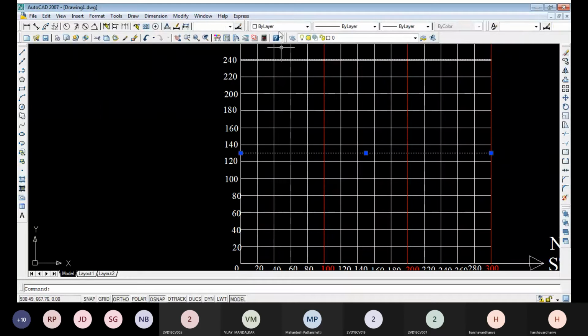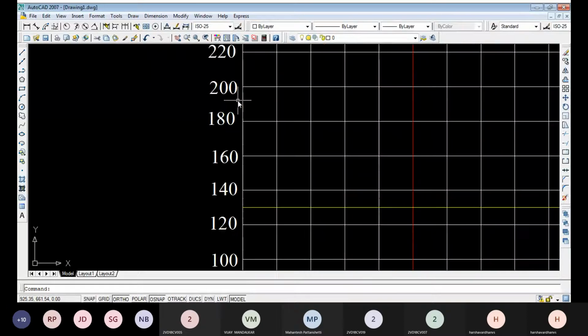So this is the 130 line. 185 comes between 180 and 190, so it comes somewhere here, at one-quarter.